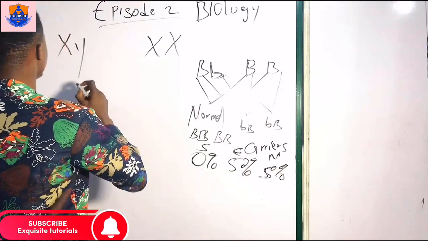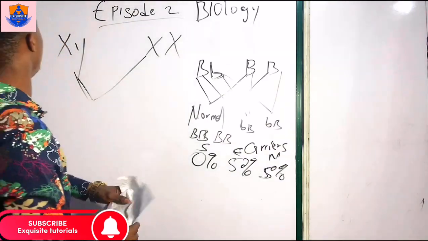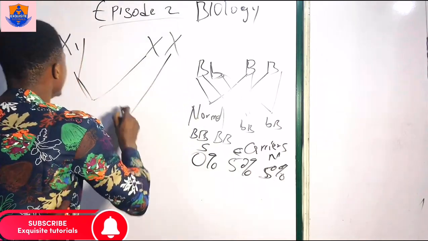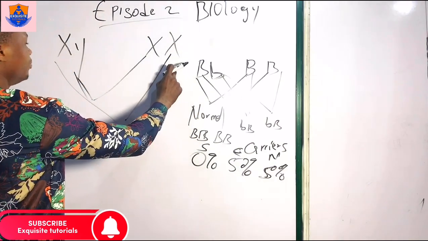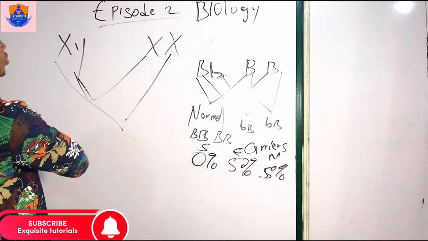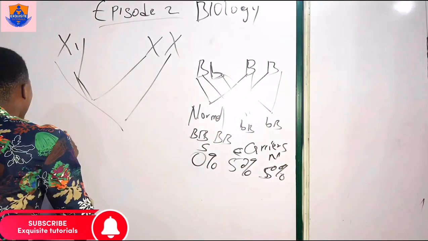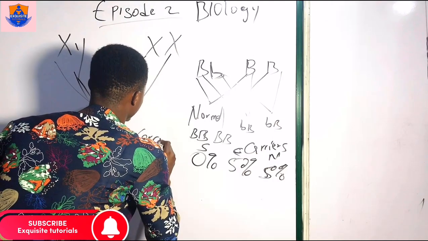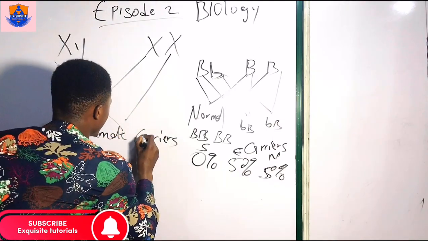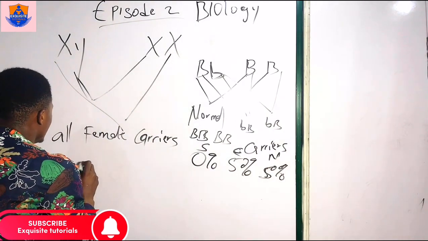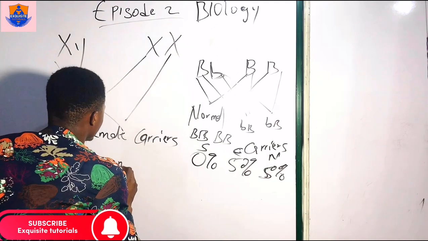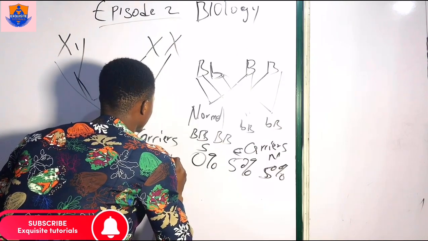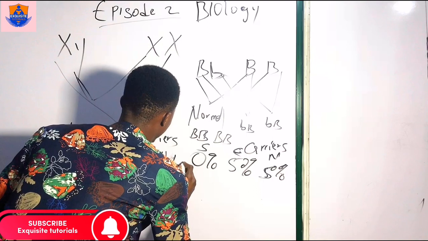That means male children will take the normal Y chromosome and the normal X chromosome from the mother, while the female will carry the X chromosome from the mother and the X chromosome of the father, which is colorblind, which means that all females will be carriers of color blindness, while none of the males will be carriers.